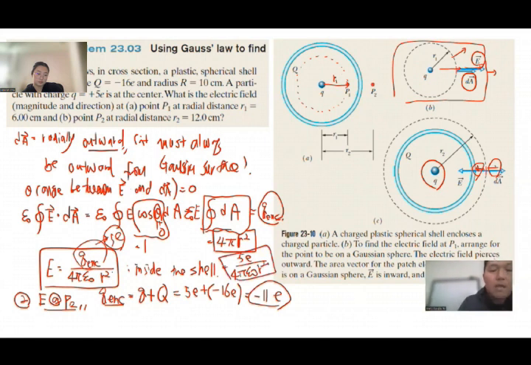So now we have this one inside of this interval. The electric field is minus Q. Let me just fully express that.